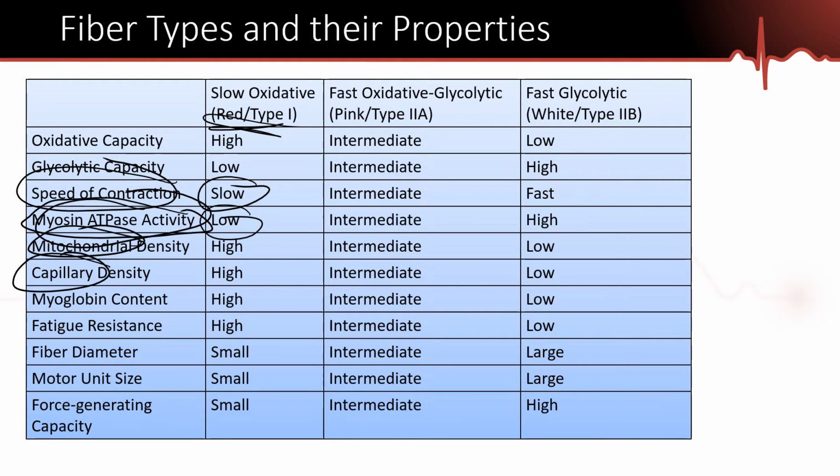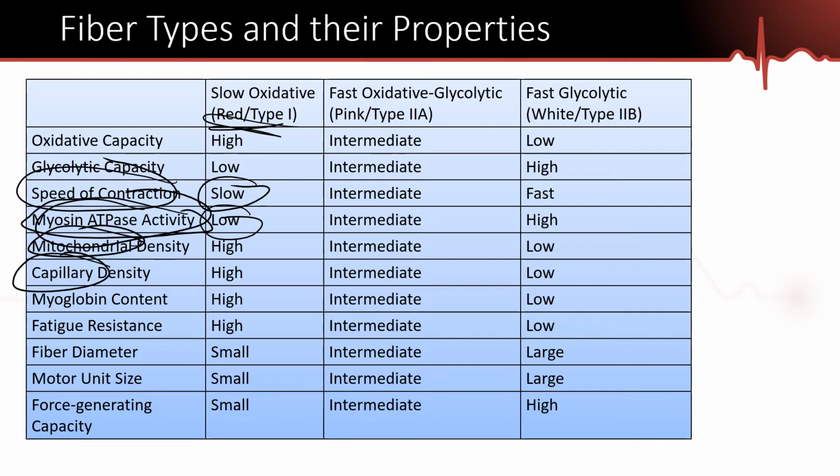You can make a lot more ATP per macronutrient molecule through that process, but the speed at which ATP can be made through oxidative phosphorylation is quite slow compared to like the phosphagen system in anaerobic or fast glycolysis. But that's perfectly fine for slow twitch muscle fibers, right? Because they don't have very high ATP demands, so they can rely on these systems that don't make lots of ATP over short periods of time.